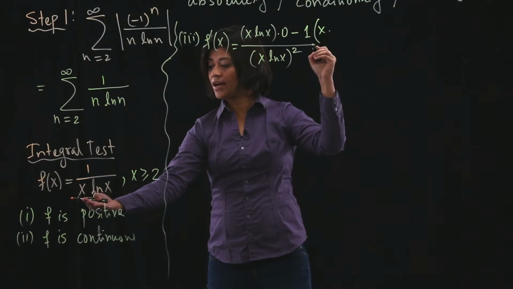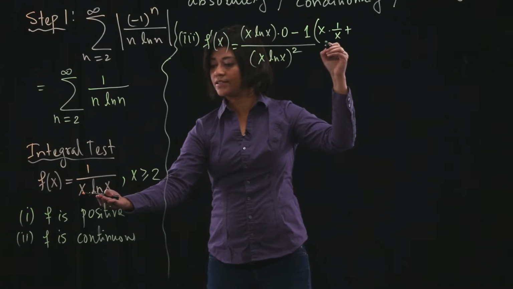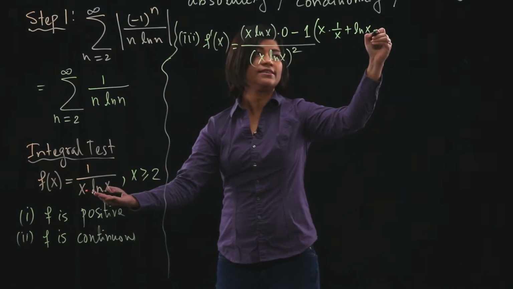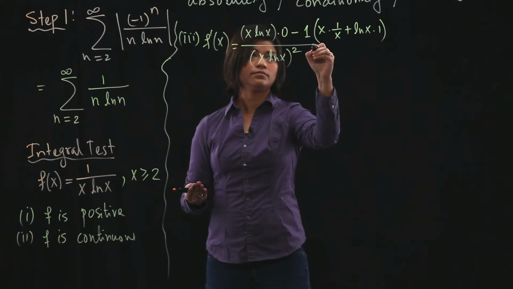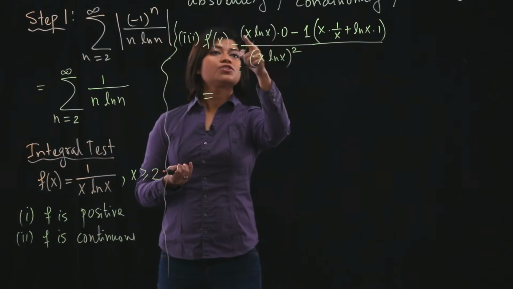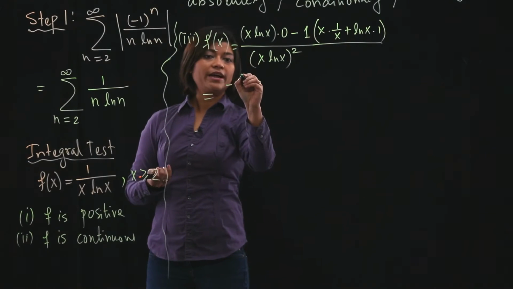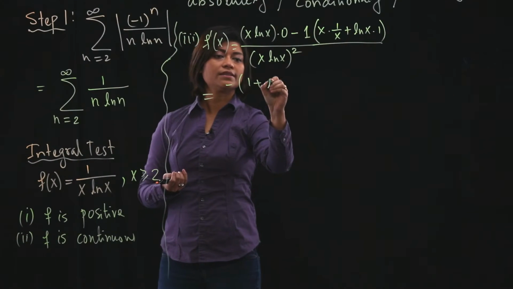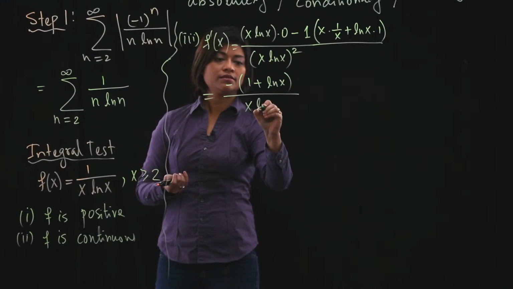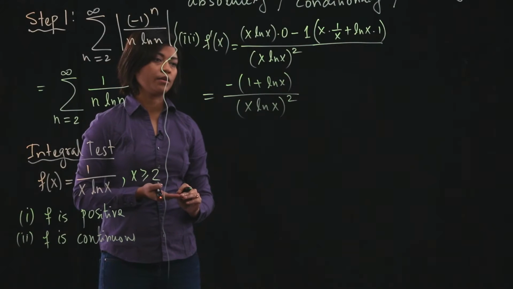So x times derivative of natural log of x, which is 1 over x, plus keep natural log of x as it is, derivative of x is 1. Okay, if you simplify, look, the first term goes away, you have a negative. Inside the bracket you have 1 plus ln of x, and the denominator is x ln x, entire thing squared.